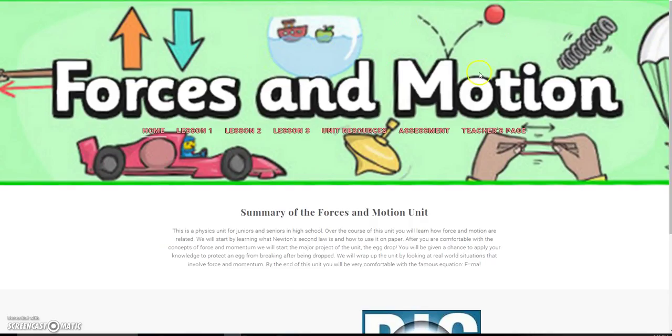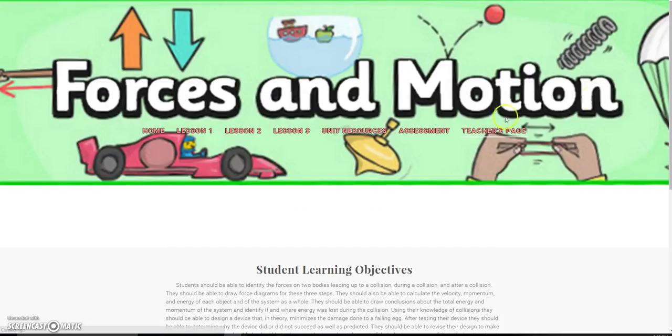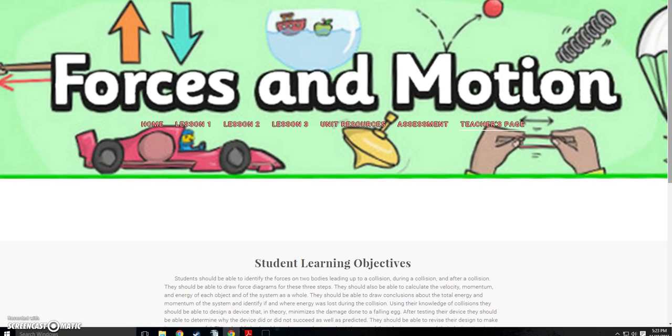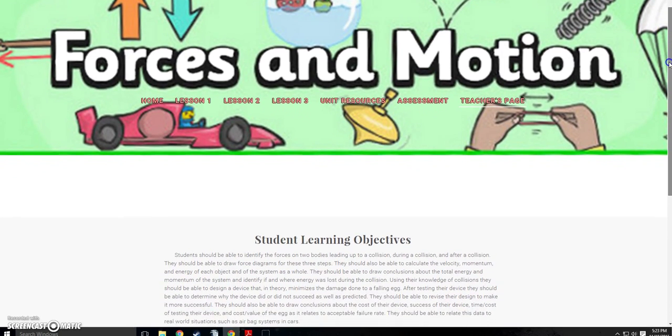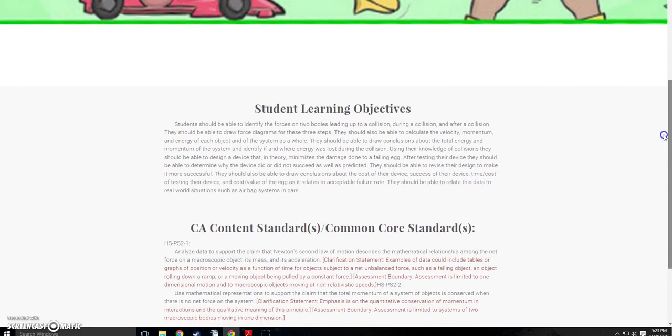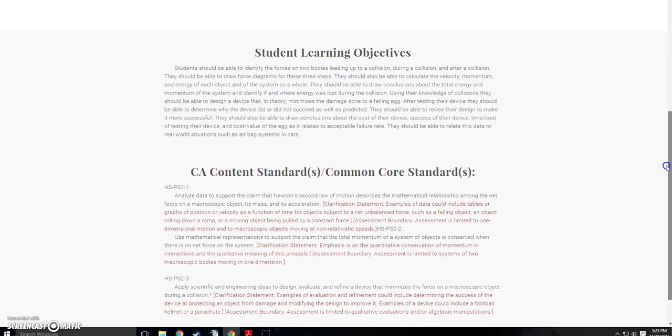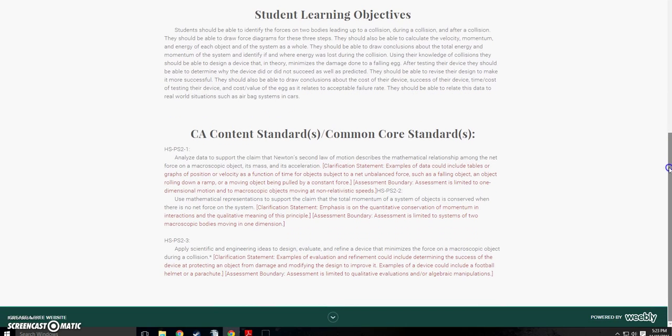We're going to start with the teacher's page. Over here on the teacher's page, I have listed the student learning objectives, and I also have listed the California Content Standards for science, HSPS 2.1 and HSPS 2.3.